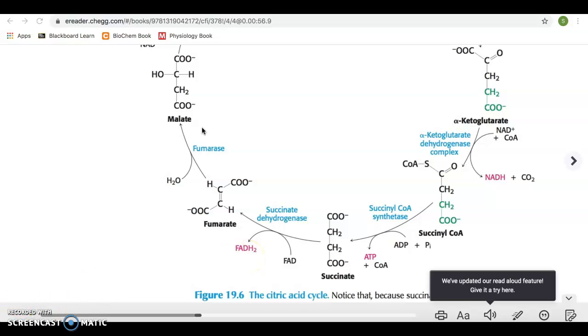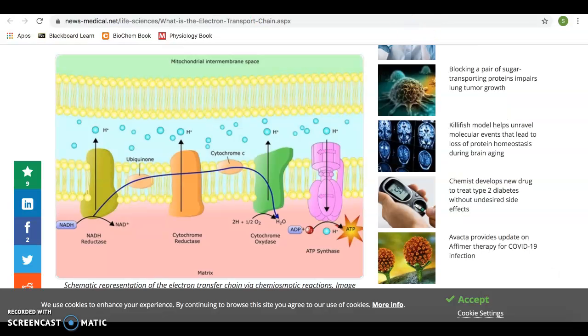So our last step is our electron transport chain, which produces the most ATP, and our chemiosmosis. So here we have our electron transport chain, and I don't think we should go into too much detail other than in complex 1, our NADH is turned into NAD+ with NADH reductase.